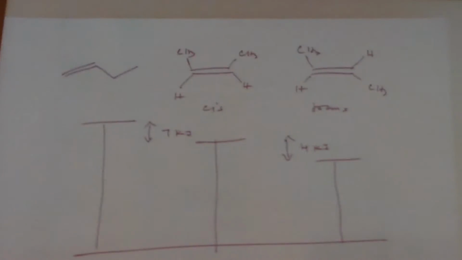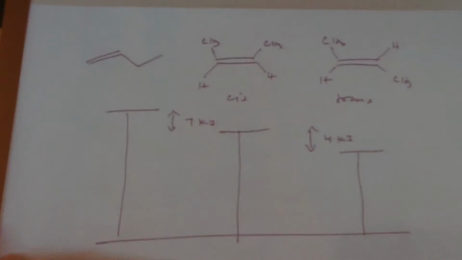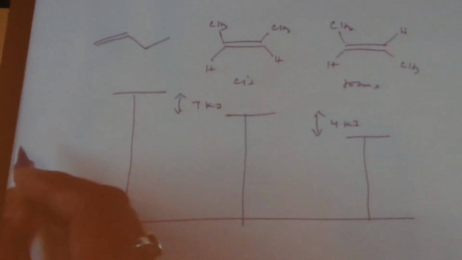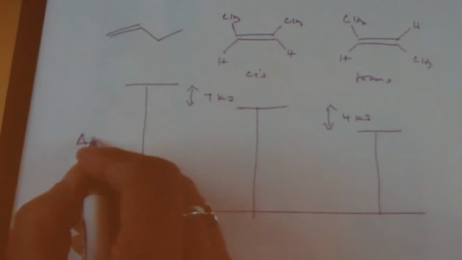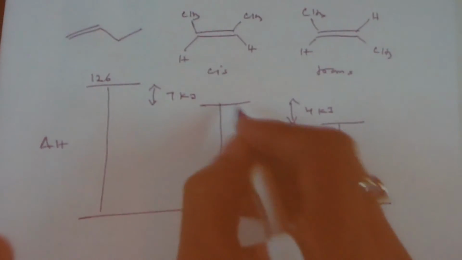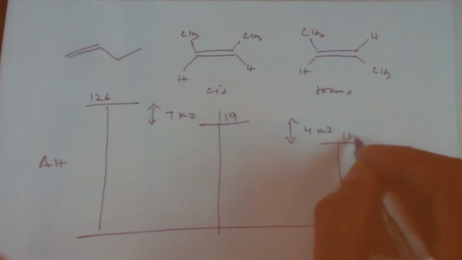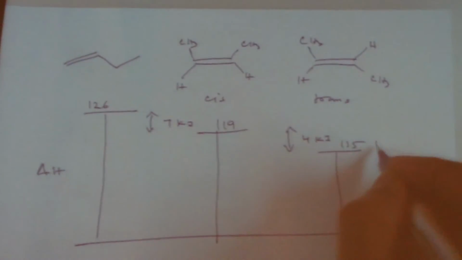And that is expressed also in their hydrogenation energy. The hydrogenation energy, delta H, is 126. This one is 119, and this one is 150 kilojoules per mole.